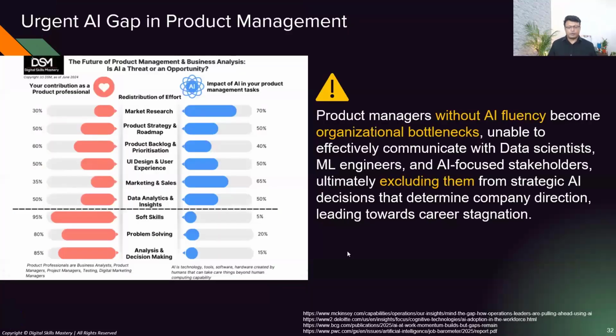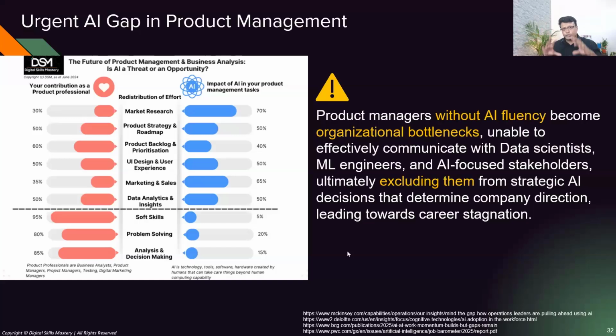And hence what we said yesterday, I would like to reiterate again, is that this shift that is happening in the role, whether you are a product manager, a product owner, a business analyst, or a project manager, without AI fluency, you are going to become an organizational bottleneck, and you will not be able to effectively communicate with your team members, with your engineers, with your AI-focused stakeholders who are standing behind you and asking you to implement something related to AI features.